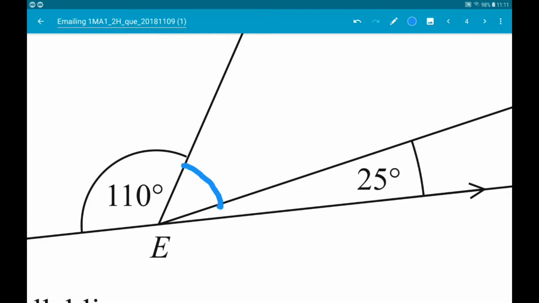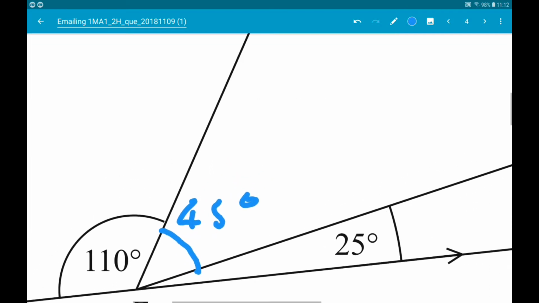So 110 add 25 is 135. 180 minus 135 is 45 degrees. So it would be a good idea to write down some working and the reason, doing this properly. Okay, so that's that angle.